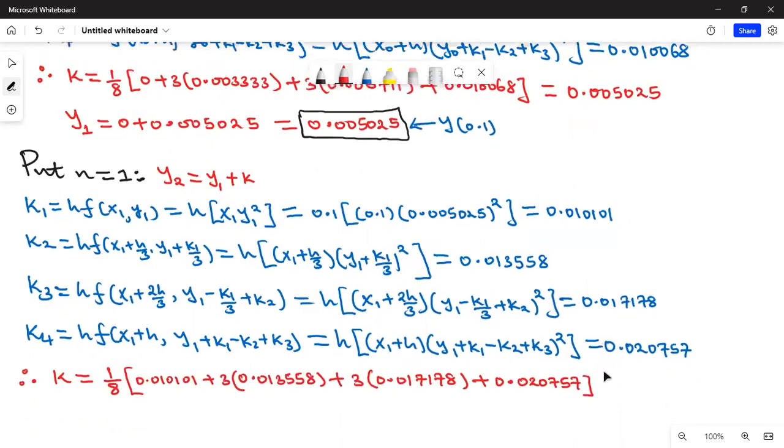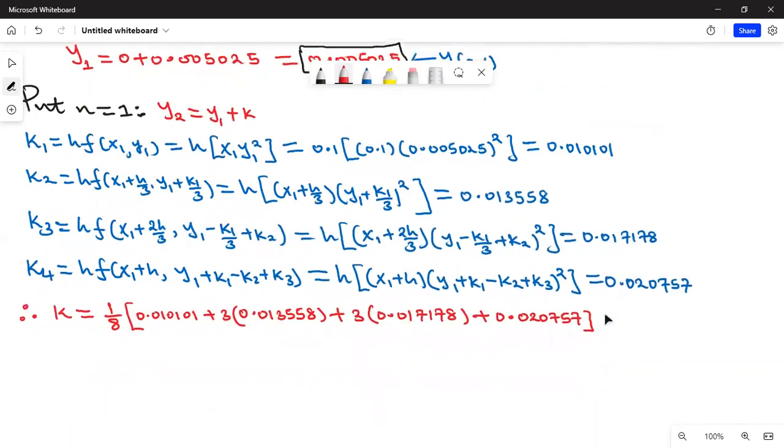So again, press this in your calculator. That should give you the value of k to be 0.015383.